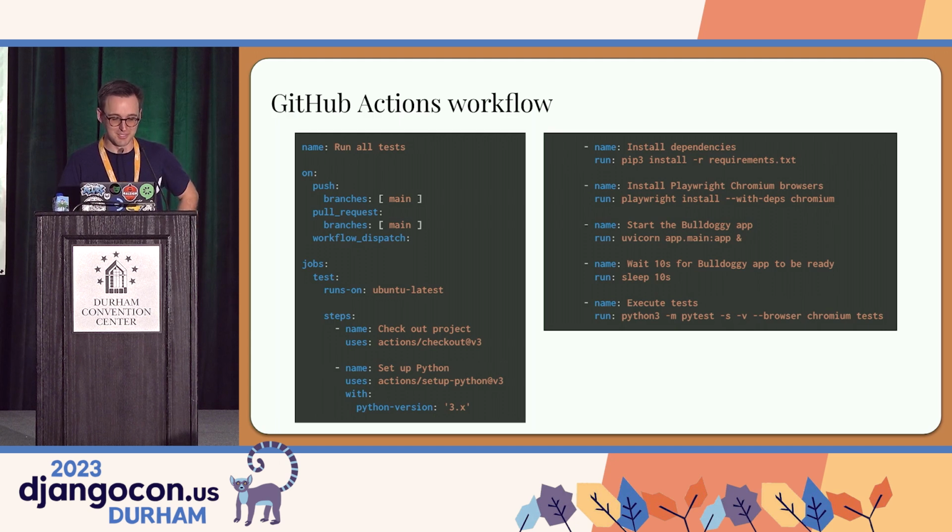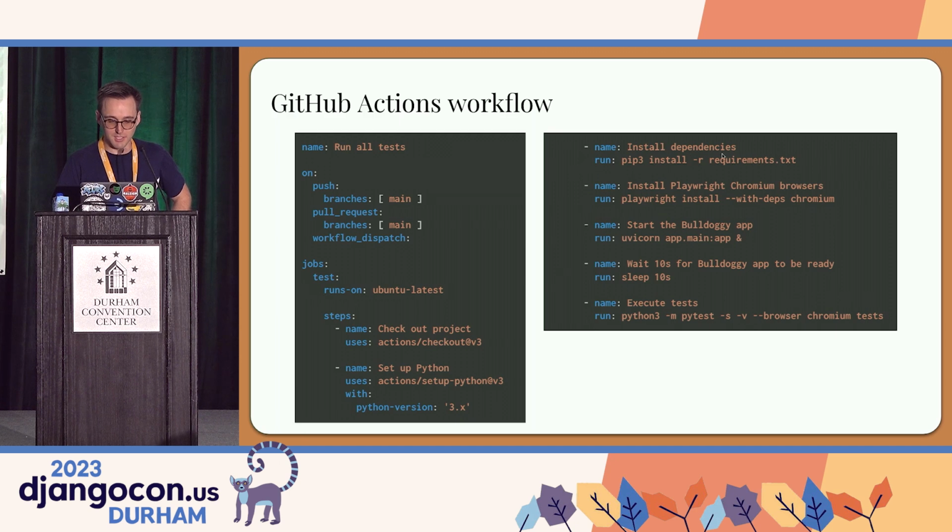Yay, cool. One tool I really like to use to keep things, I don't want to use the word simple, but keep things a little more basic, manageable for small projects: GitHub Actions. You can build all of this into GitHub Actions. For example, here's a GitHub action I've written. What it does is it uses an Ubuntu branch. Anytime I make a change to my main branch, I set up Python.